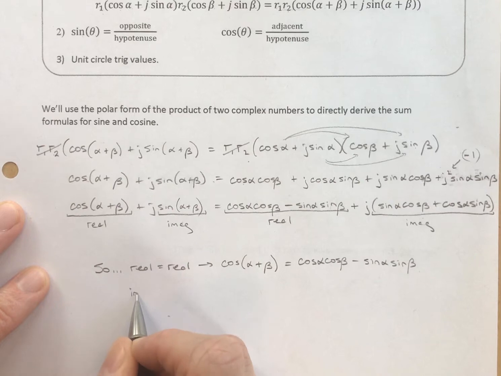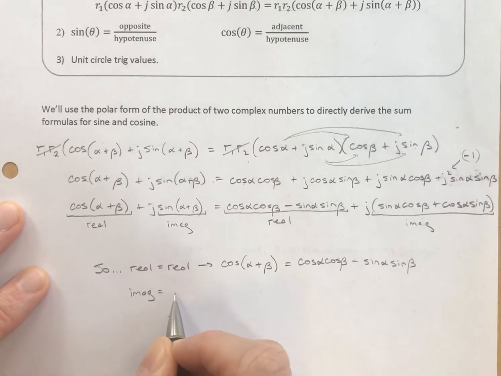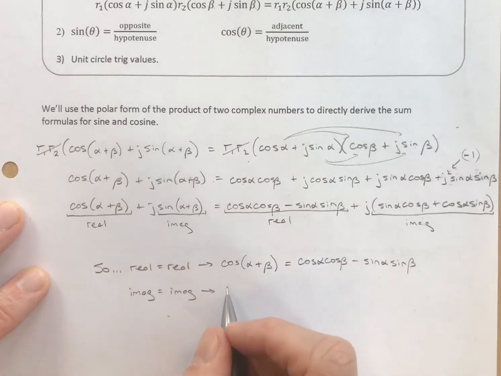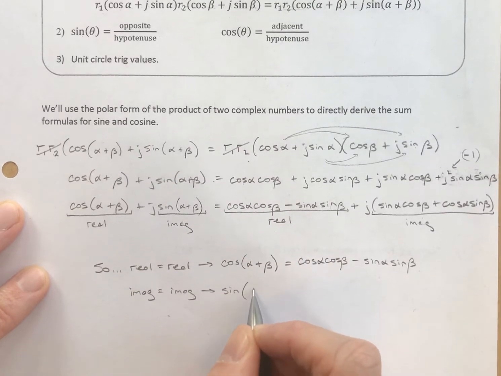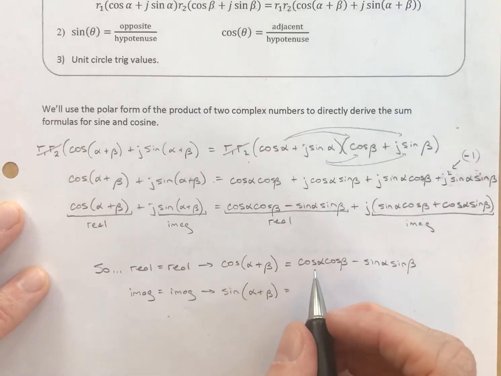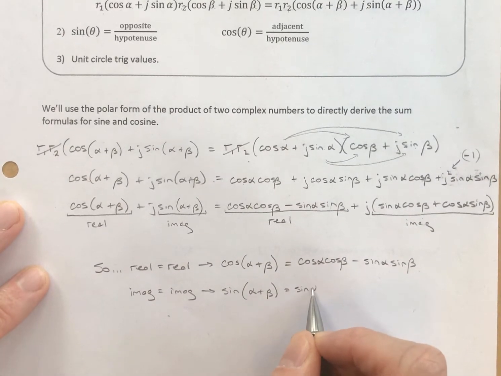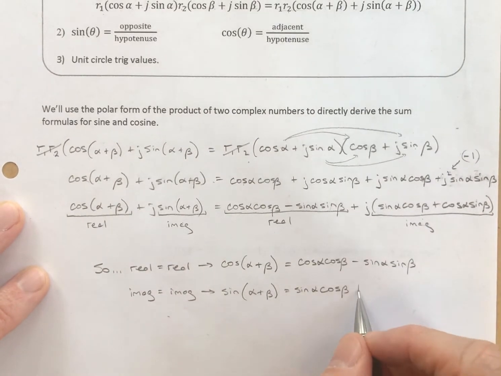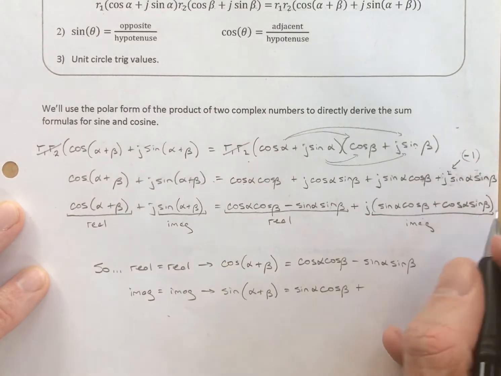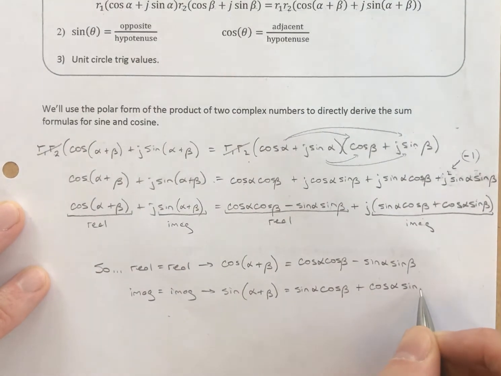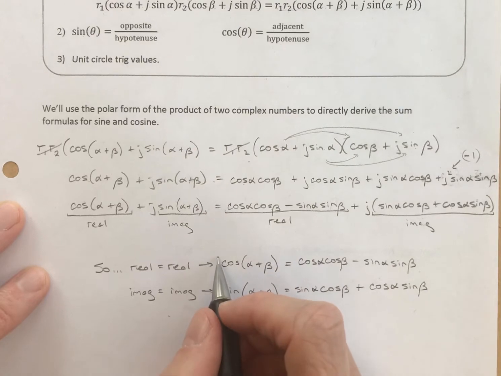And the imaginary must equal the imaginary. So let's see here. We have the imaginary equal to the imaginary, which means this part, the sine of alpha plus beta, must equal the sine of alpha times the cosine of beta plus the cosine of alpha times the sine of beta. And there you have it.